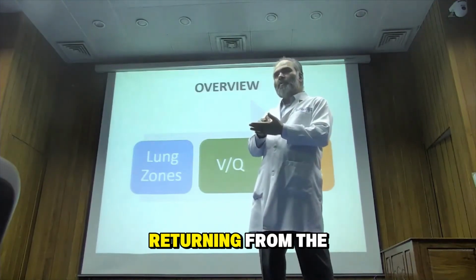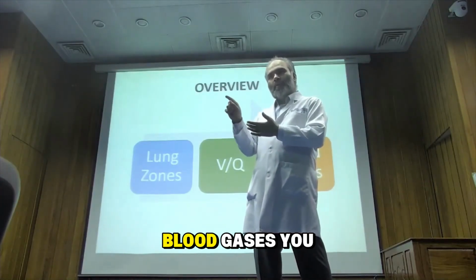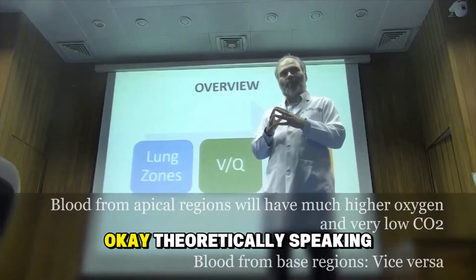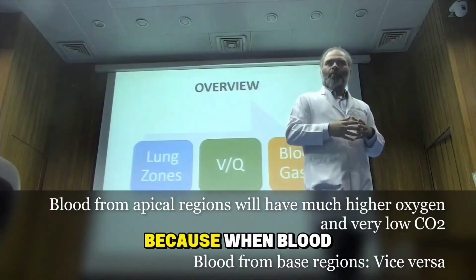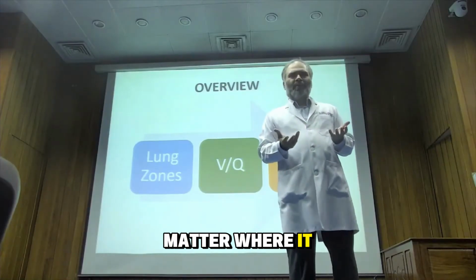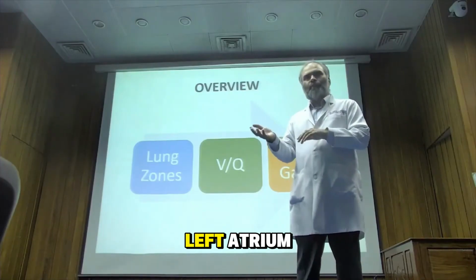So the blood returning from the apical regions has a signature where when you look at the blood gases, you can tell where it is coming from. Okay? Theoretically speaking. Why do I say theoretically speaking? Because when blood is collected in the left atrium, it doesn't really matter where it came from. It just mixes, everything mixes when it hits the left atrium.